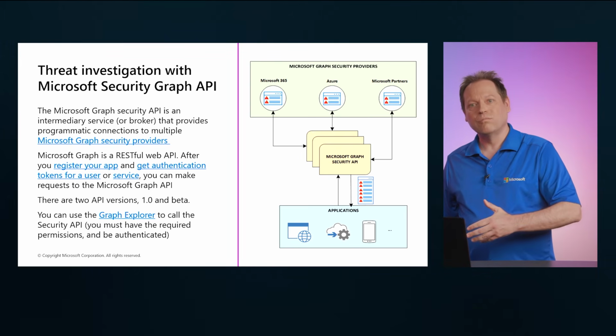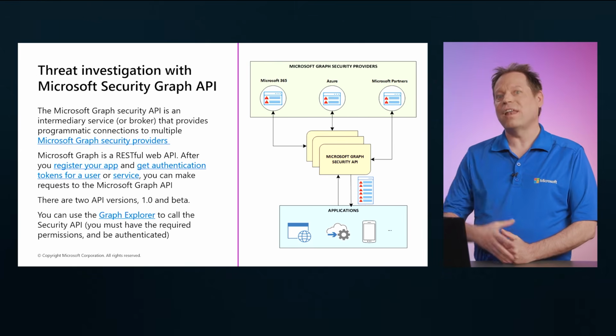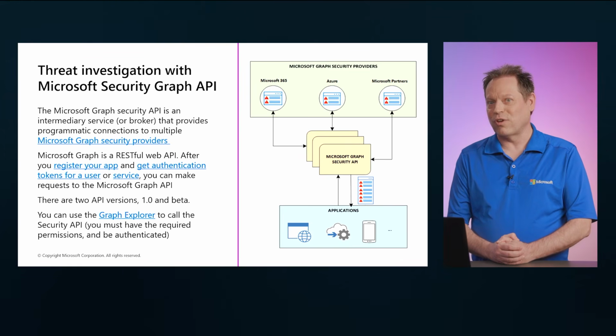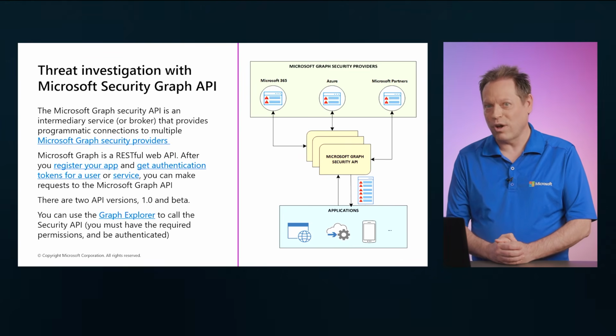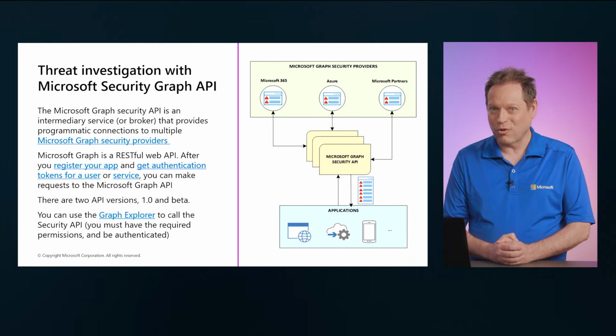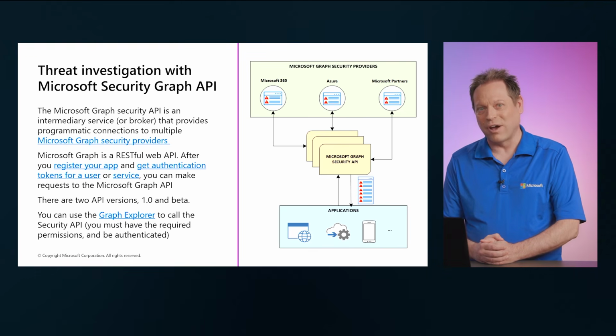For example, to run an advanced hunting query through the API, you can send a POST request to https://graph.microsoft.com/v1.0/security/runHuntingQuery and place your KQL in the request body.